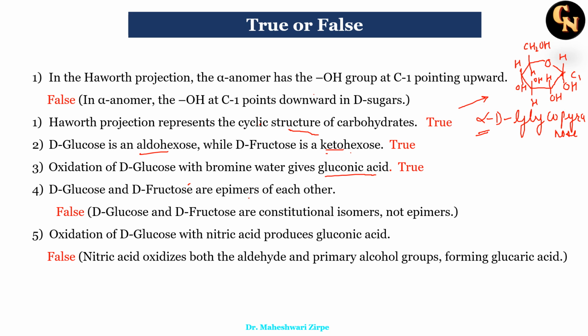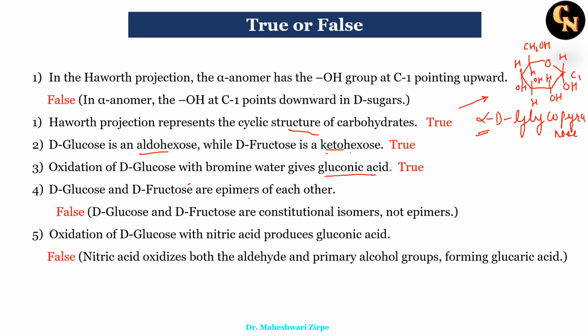Okay, epimer is what? Only one chiral center configuration is differed. Then we call such isomers as what? Epimers. So basically glucose and fructose have totally different structural formula. So they are not epimers, but they are isomers, constitutional isomers.